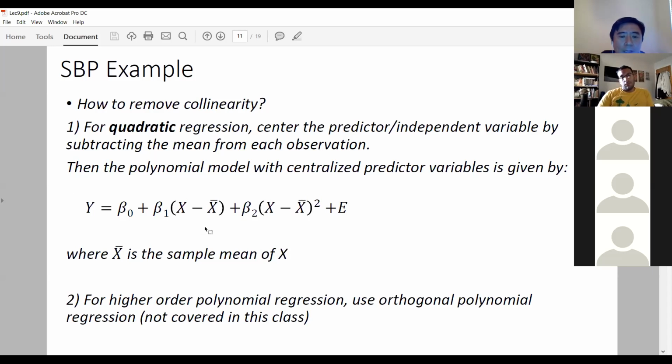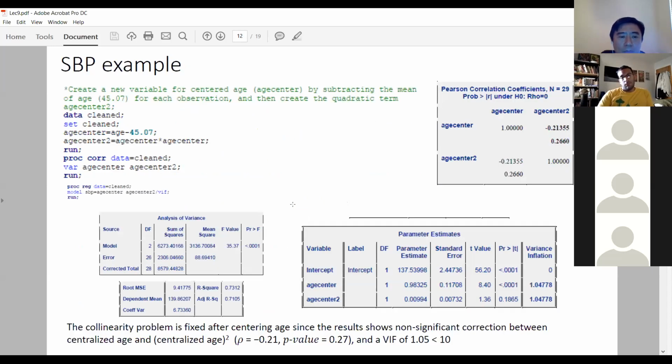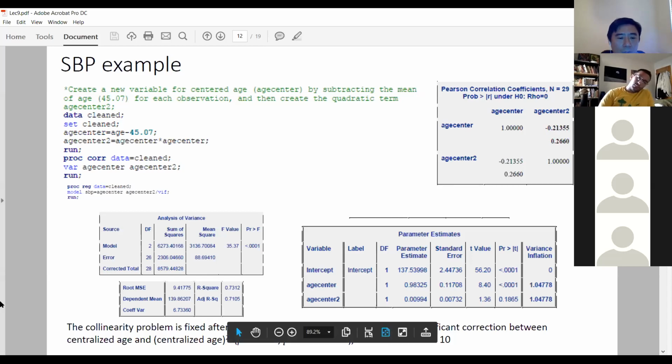This way, you will be able to solve the collinearity problem. When we run this model again, the VIF is reduced to 1.04, so there's almost no collinearity problem. The Pearson correlation goes down to 0.21, but it's a negative 0.21.